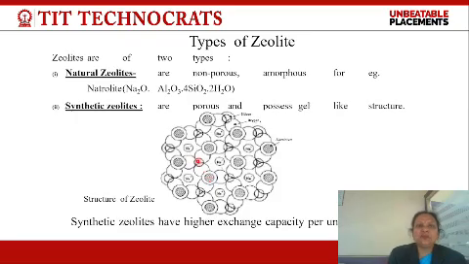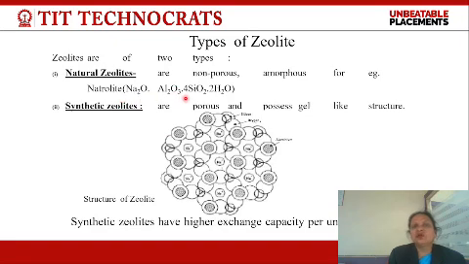If we see the types of zeolite, they are of two types: natural zeolite and synthetic zeolite. Natural zeolites are non-porous and amorphous, and an example of natural zeolite is natrolite.